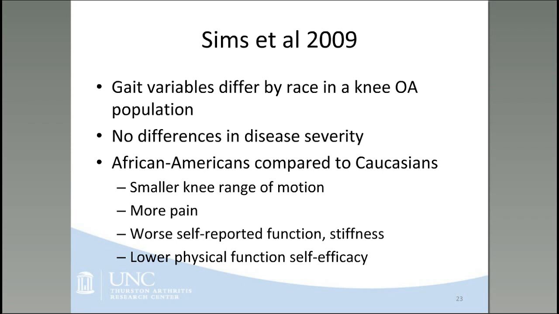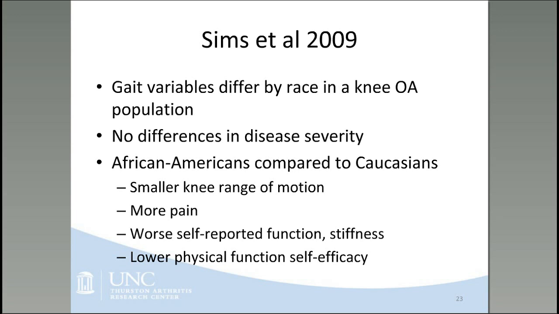So this study was able to show overall that gait variables do in fact differ by race in a knee OA population. Despite not having any significant differences in disease severity, African Americans had smaller knee range of motion when walking at normal speeds and self-selected slower walking speeds when asked to walk quickly compared to Caucasians. Although they didn't report specific numbers, the authors said that African Americans reported more pain, worse self-reported function, worse self-reported stiffness, and lower physical function self-efficacy.